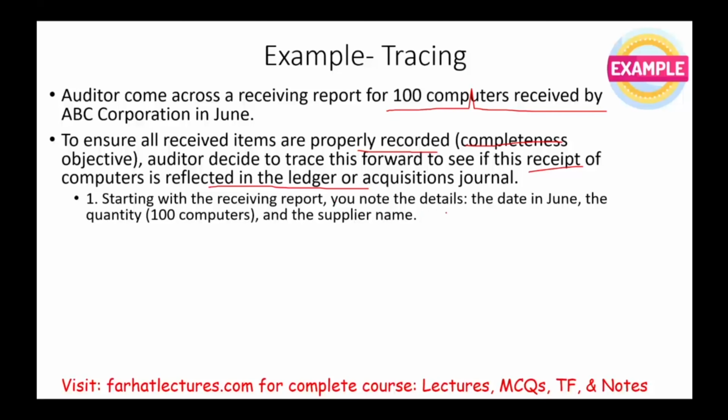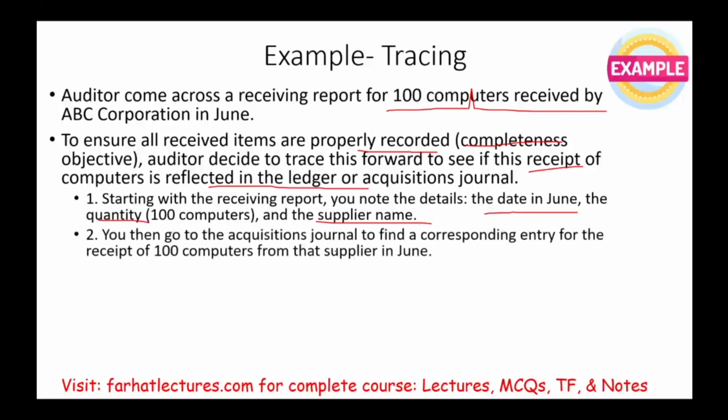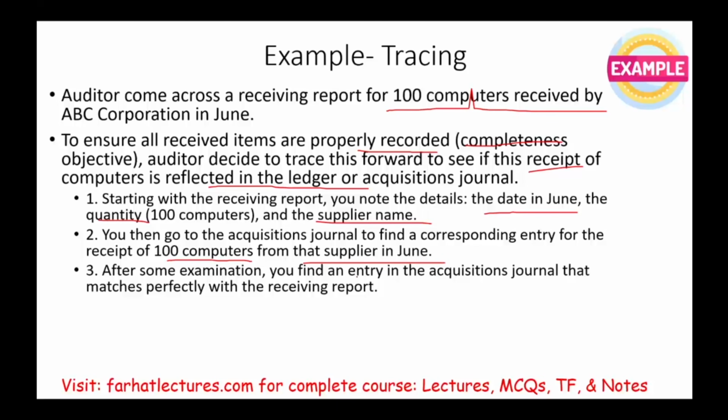You note the date, the quantity, and the supplier name. Then you go to the acquisition journal to find the corresponding entry. You're supposed to find a corresponding entry for 100 computers from that supplier in June. After some examination, you find the entry, everything matches, amount, date, dollar amount, we're good to go.